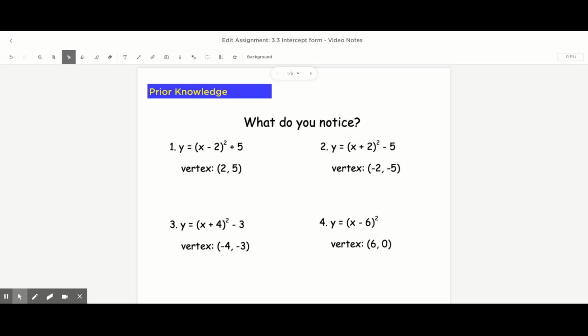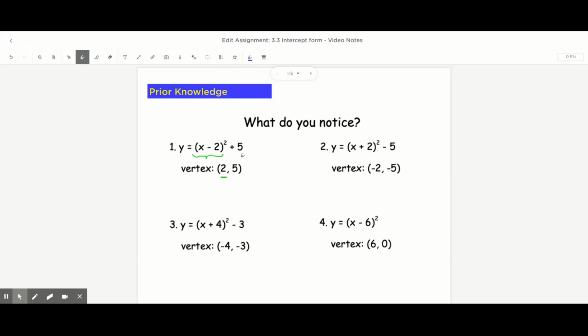All right. In this video, what we're going to be looking at is the difference between our vertex form and the intercept form. If you remember, we already covered this slide when we did our vertex form. The big idea was that when we have an x minus 2 here, that means my vertex is going to have a positive 2.